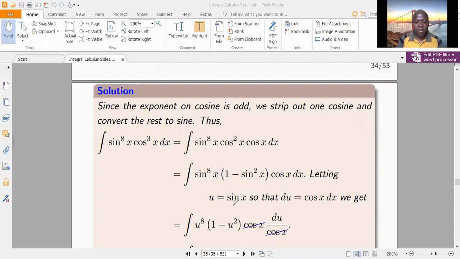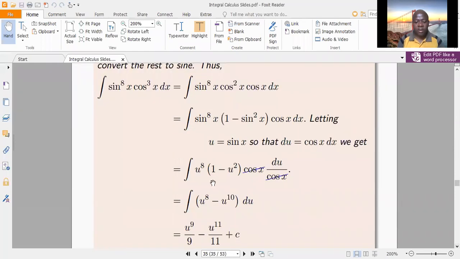At that point, I let u be sine x, and then differentiate on both sides to get du is cos x dx. From here I can make dx the subject, so dx is the same as du out of cos x, and then substitute.